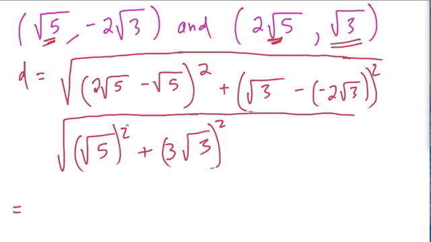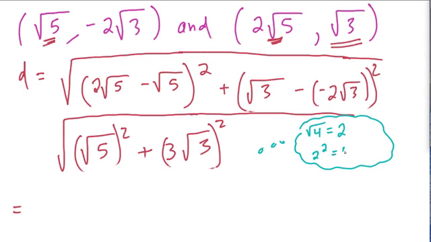So what's the square root of 5 squared? Well, here's a little side note: if we took the square root of 4, which is 2, and then we took 2 and we squared it, we would get 4. So if I did the square root of 4 squared, that's what this process would be saying right here.